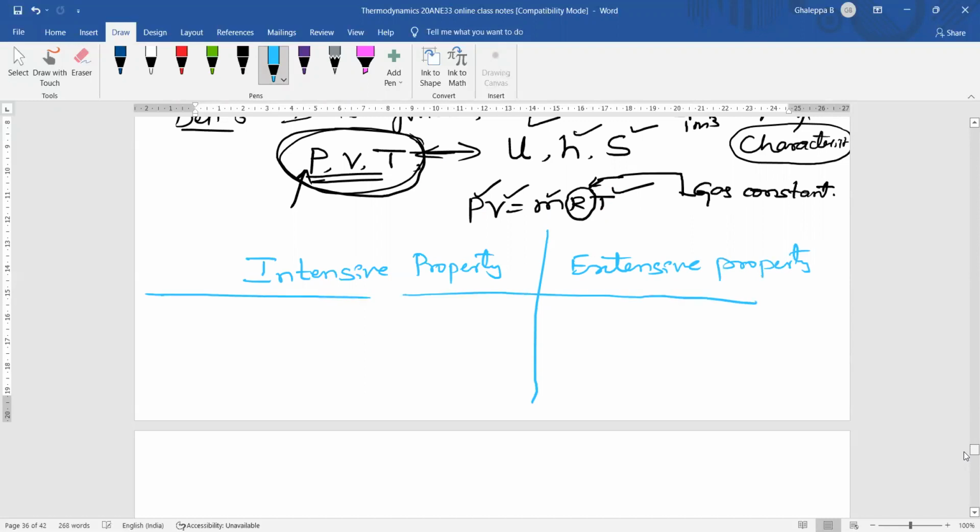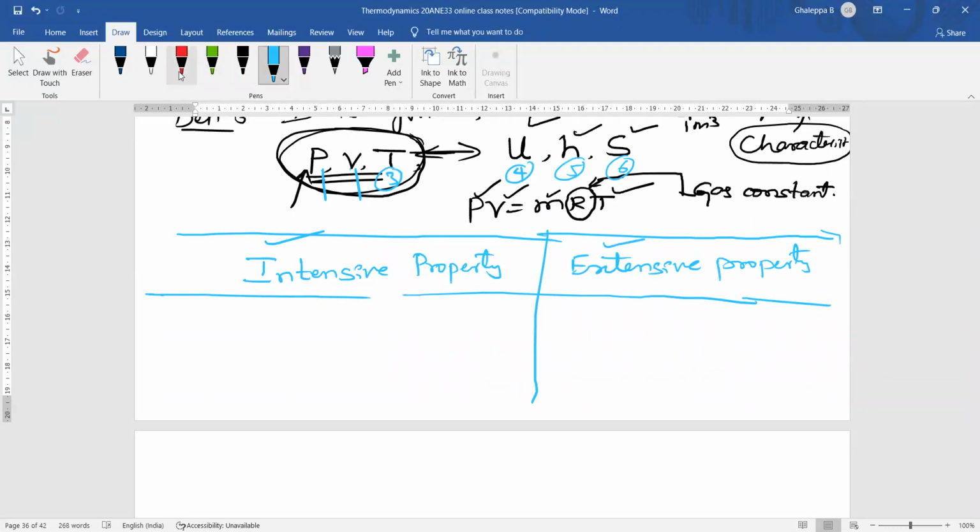Both are properties. Out of the 6 properties I have explained here, some belong to intensive and some belong to extensive property. Now we'll understand what is intensive and extensive.